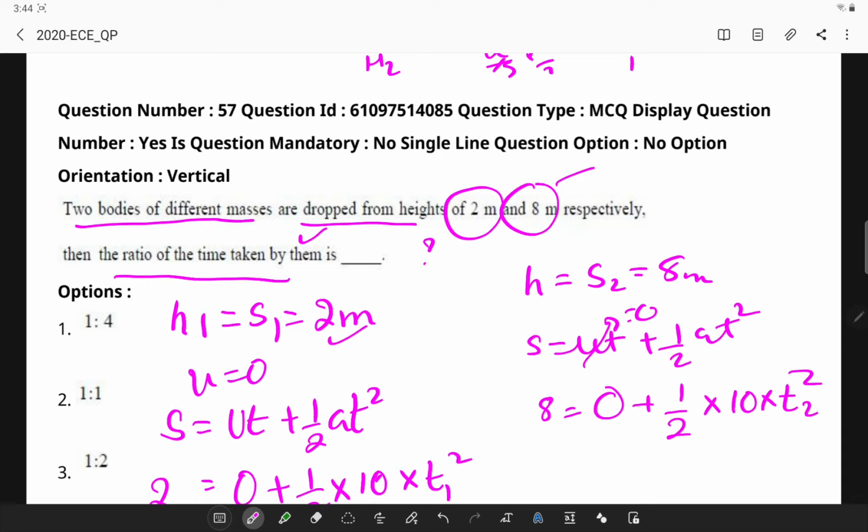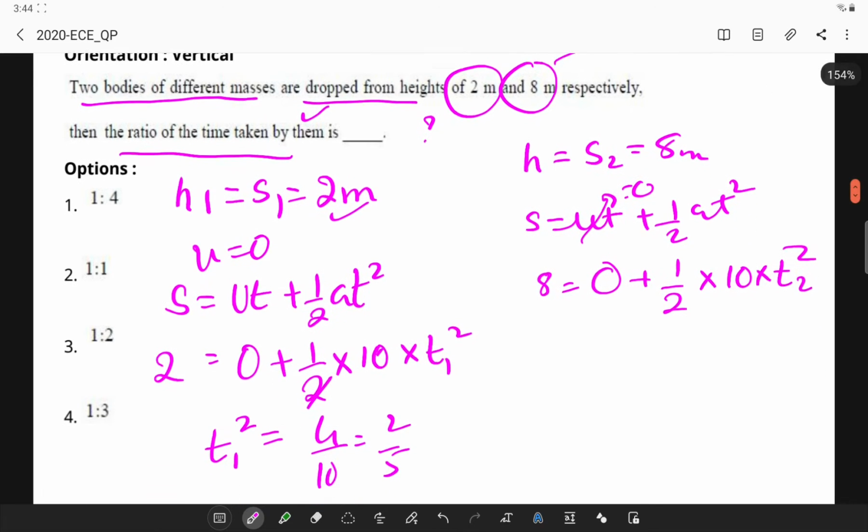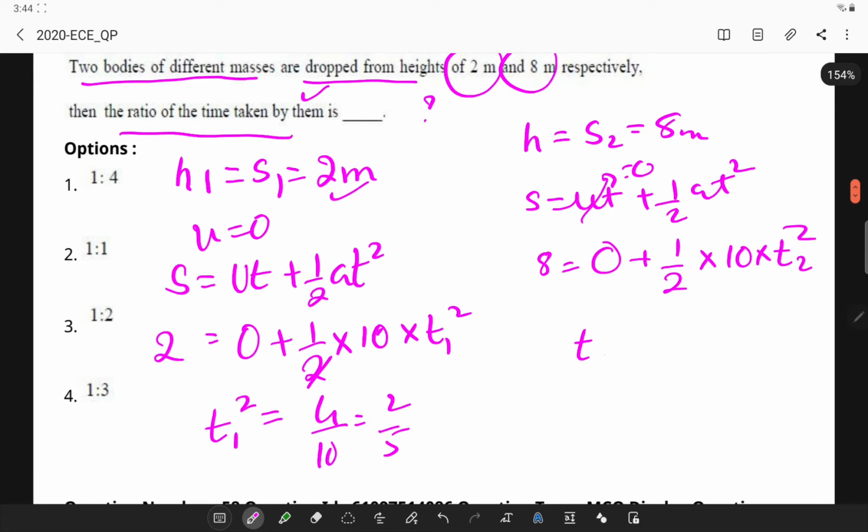So in this case, what is the value of t2? It will be simply root 8 by 5. So in this case T1 will be root 2 by 5, and in this case T2 is root 8 by 5.